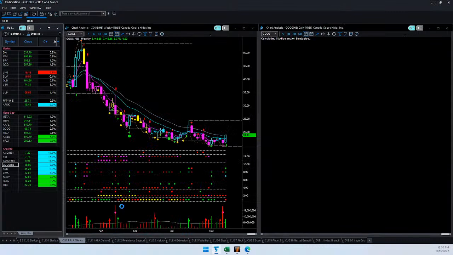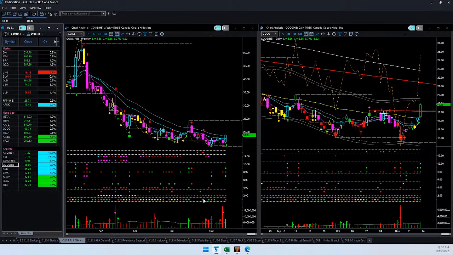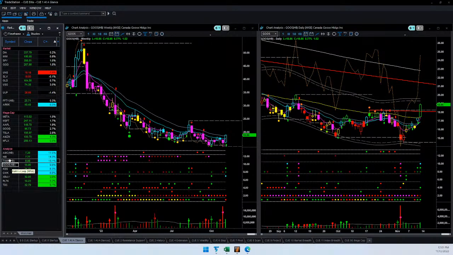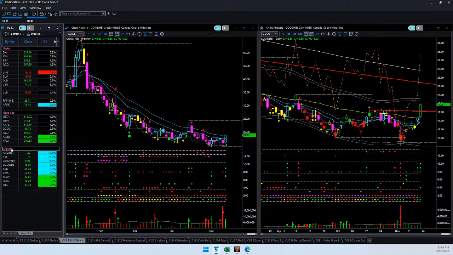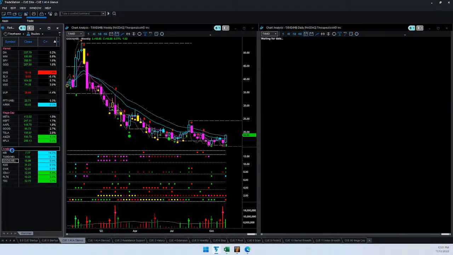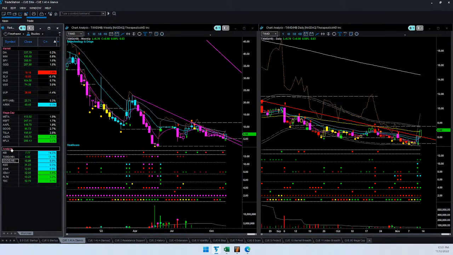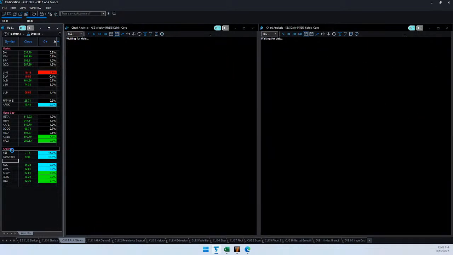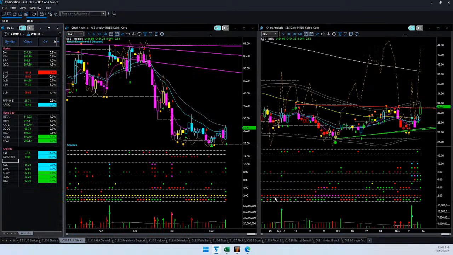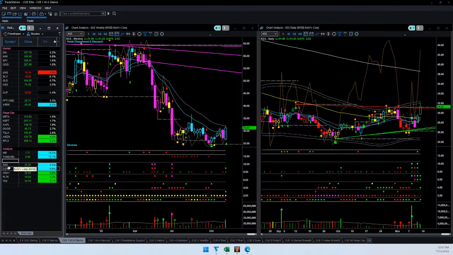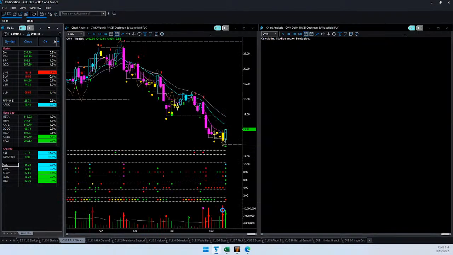Look at the next one, GOOS. Has a nice breakout, but stop loss will be far away. I skip that. Coles, KSS, has an upper tail on Friday. The breakout is not decisive. I'm not going to consider it for buying. Next one, CWK.